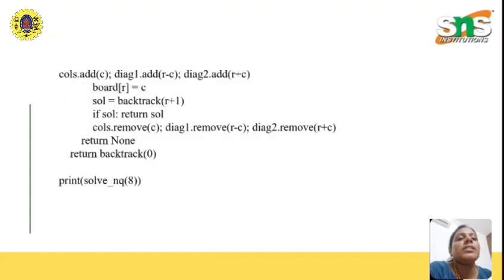So columns dot add of C, diagonal 1 dot add. What does dot add mean? If we define the column in the given matrix as 4, we make the comparison operations on column 1, and once done we move to the next column. When we move to the next column, we add the previous comparison column.